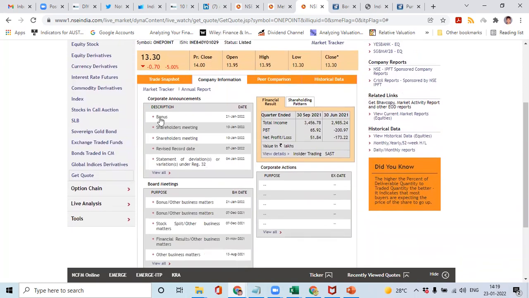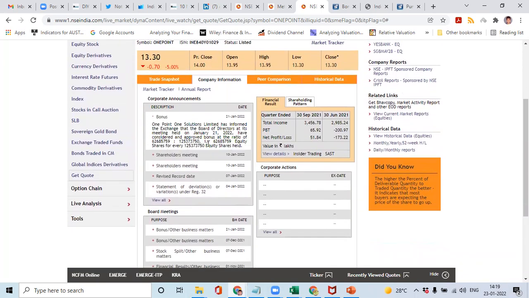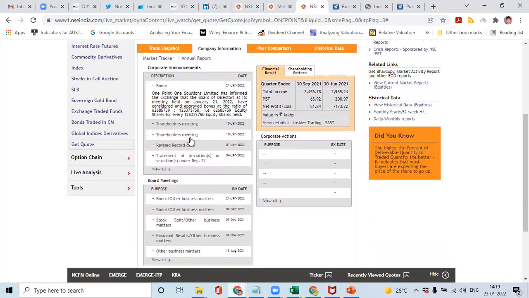Yeah, it's a bonus in the ratio of some nonsense ratio. Why is he even doing this? This is the ratio.